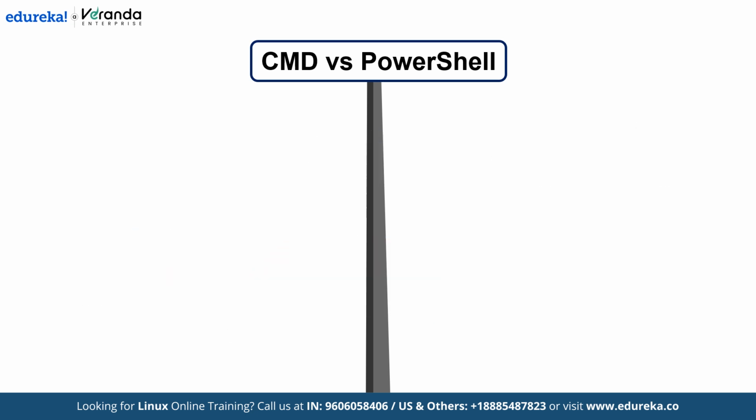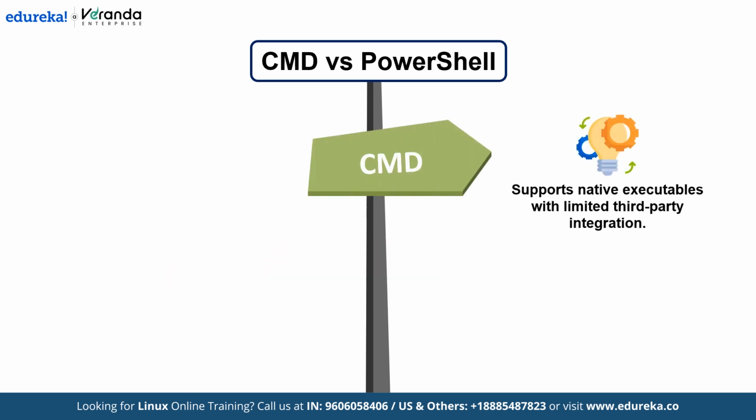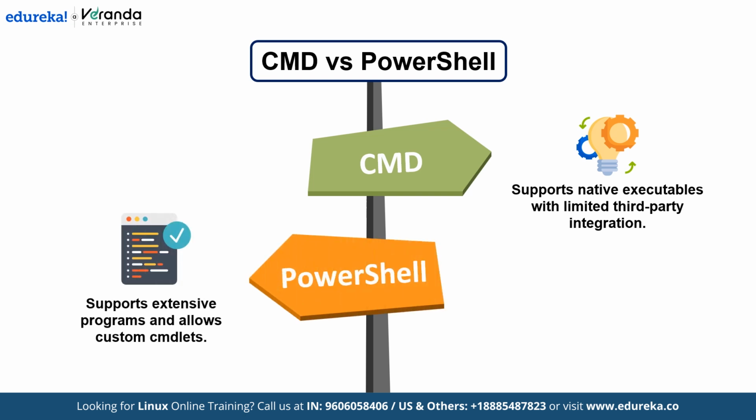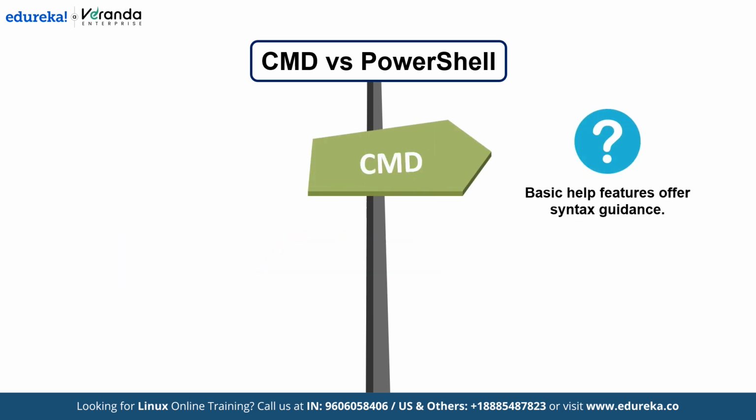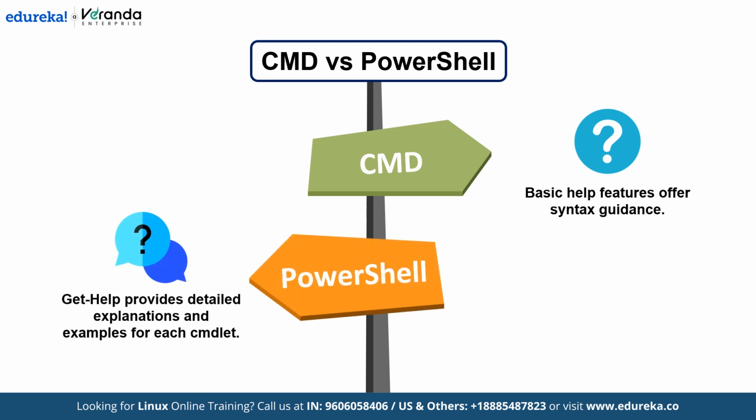Next we have the supported programs. Command Prompt supports native executables with limited third-party integration, whereas PowerShell supports intensive programs and allows custom cmdlets. Last we have the help. Command Prompt's basic help features offer syntax guidance, whereas PowerShell's Get-Help provides detailed explanation and examples for each cmdlet.